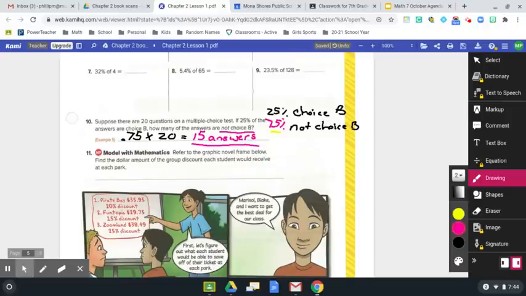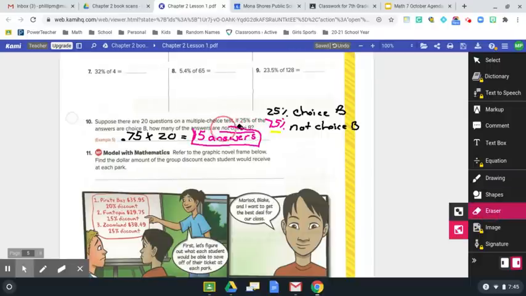So that means if 15 of the answers were not choice B, remember it could be choice A, C, D, whatever, 5 answers on the test are choice B. So this is final though. This is what we need for our answer, 15. Okay. Oops, I am making a mess. Just trying to box it in, and it wasn't working.